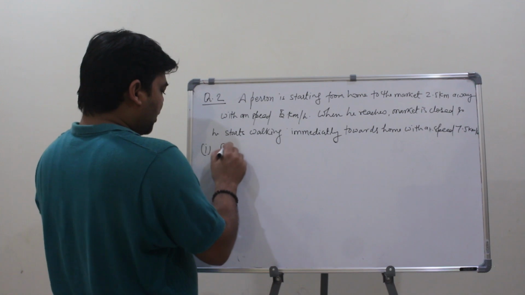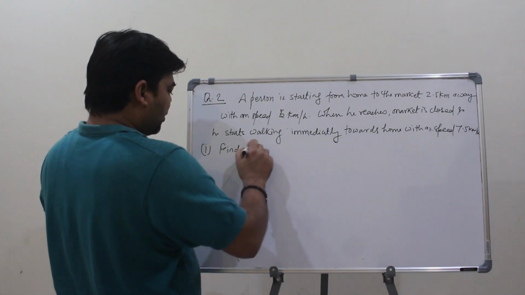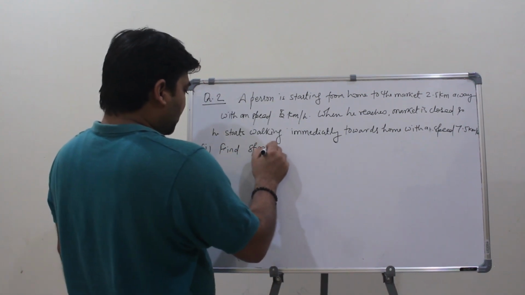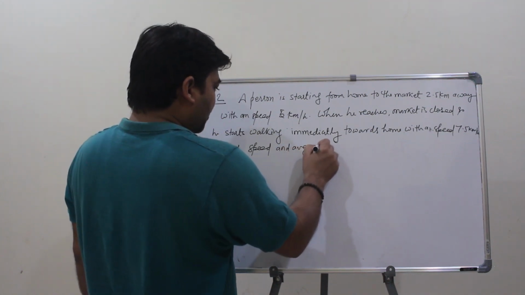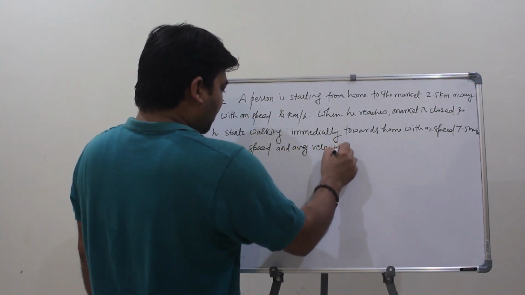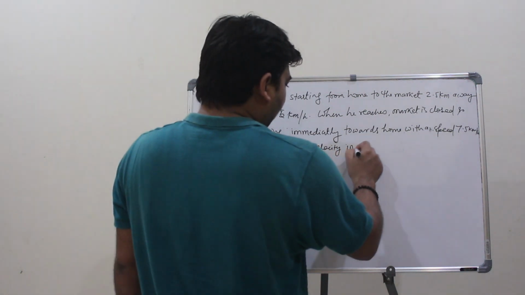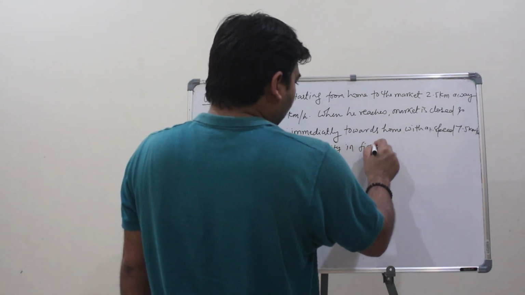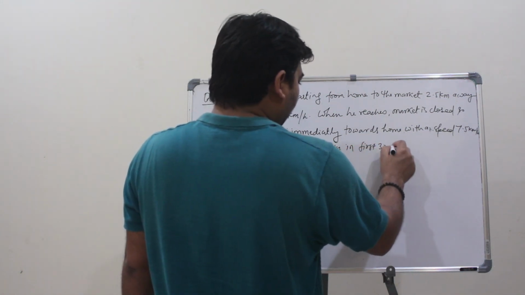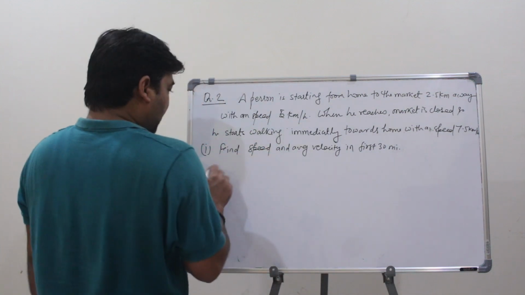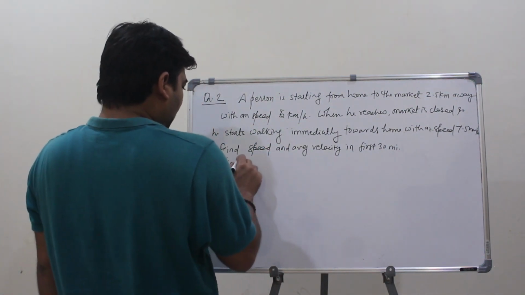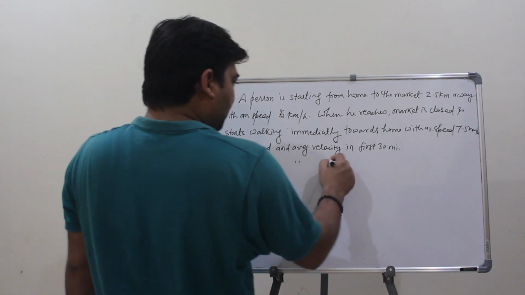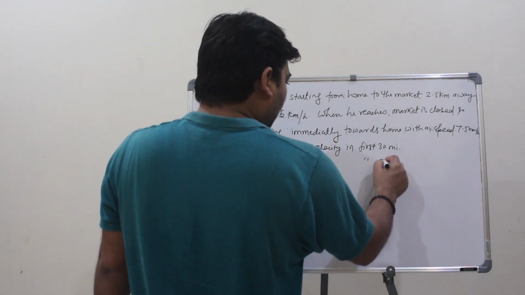So the question first is, find average speed and average velocity in first 30 minutes. And then second is find the same thing, speed and average velocity in first 50 minutes.